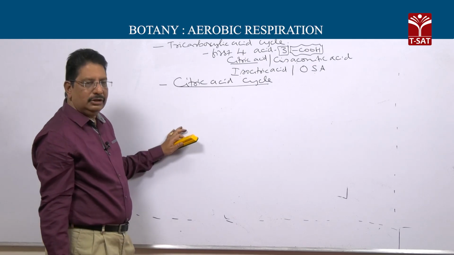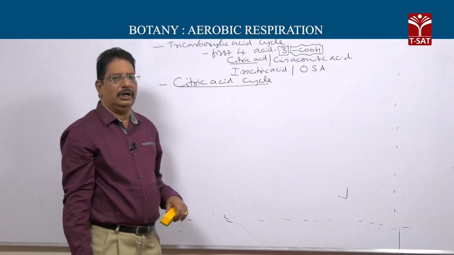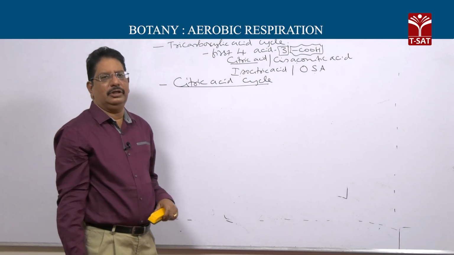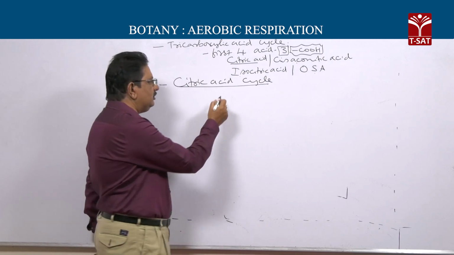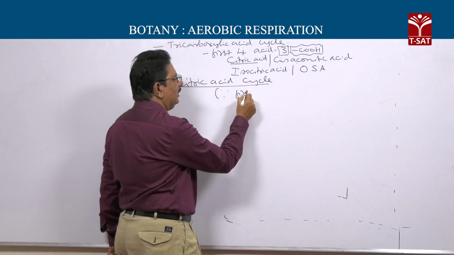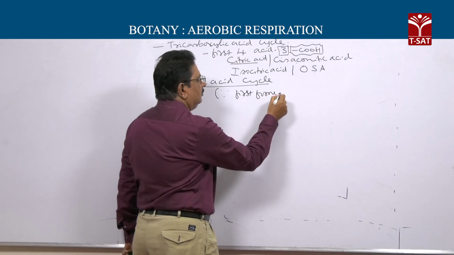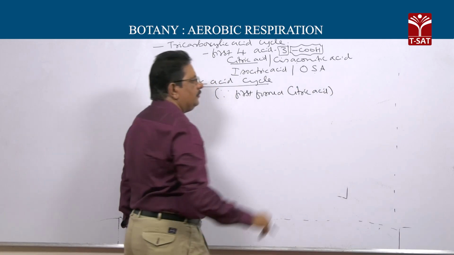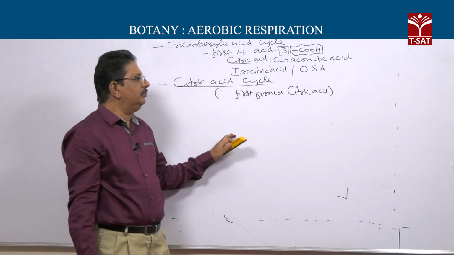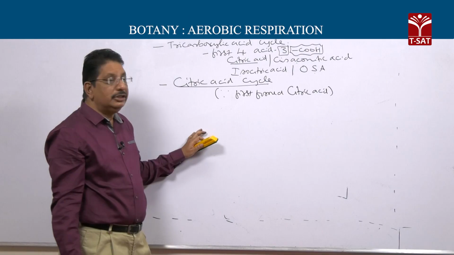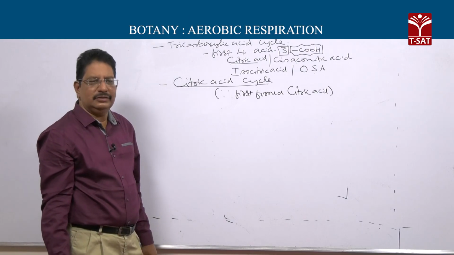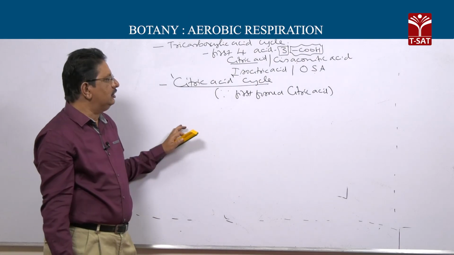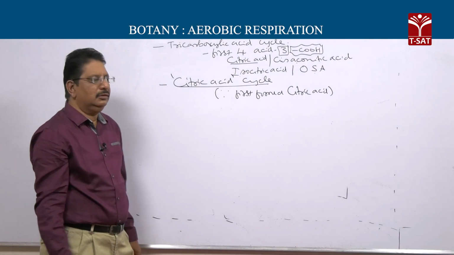Again, during this complex metabolic pathway, a number of organic acids are formed as intermediates, of which the first formed acid is citric acid. So the first formed stable compound during this pathway is citric acid. Hence, this pathway is named the citric acid cycle.